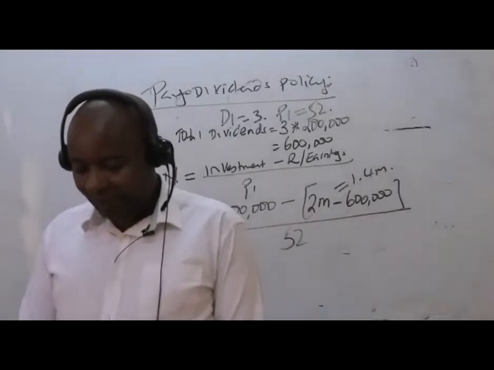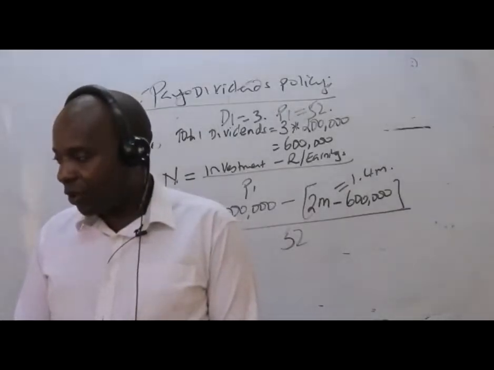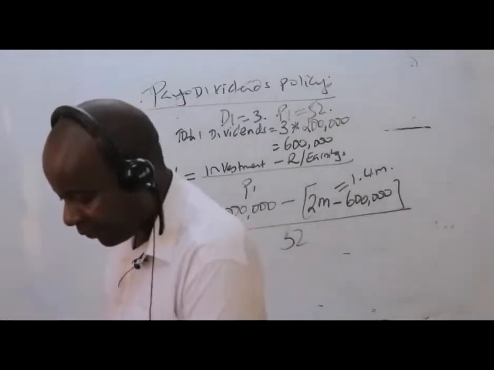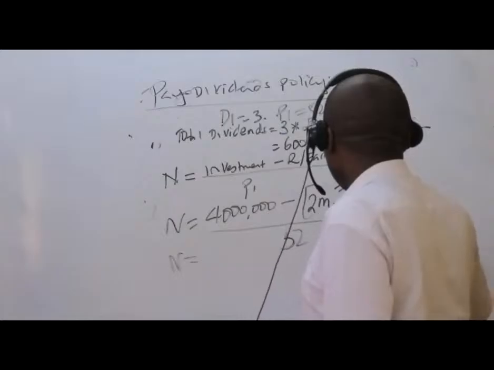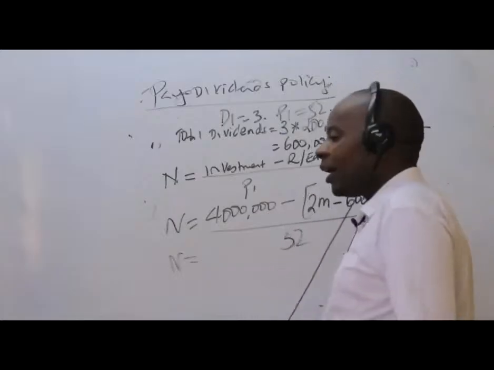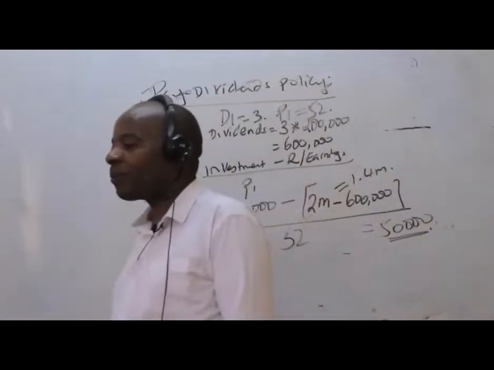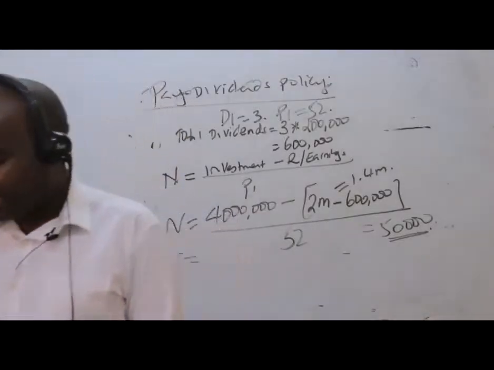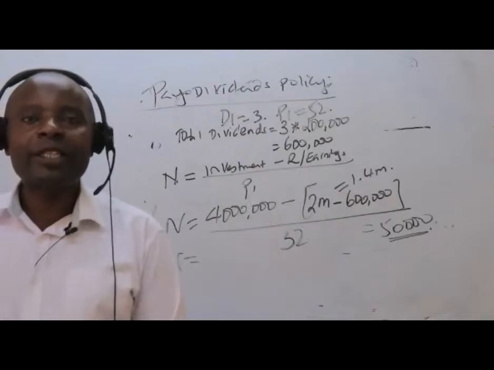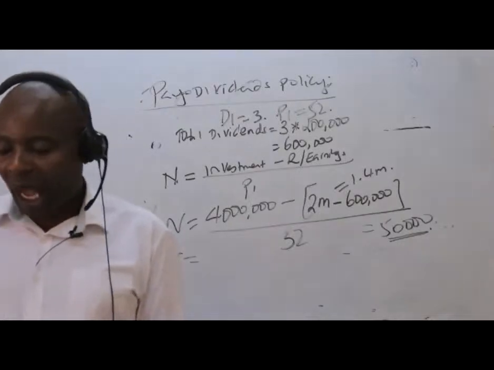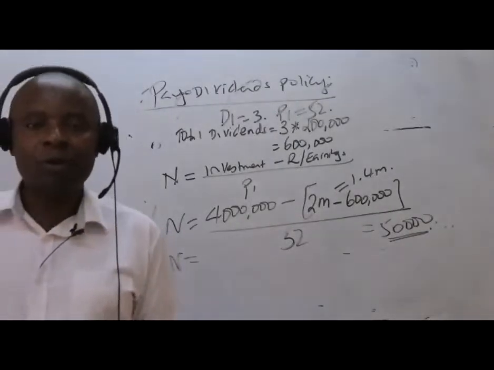No, 50,000, sorry. So this one equals 50,000. And for sure, once you give me this particular number of new shares, then I will be able very easily to give you the value of the firm.